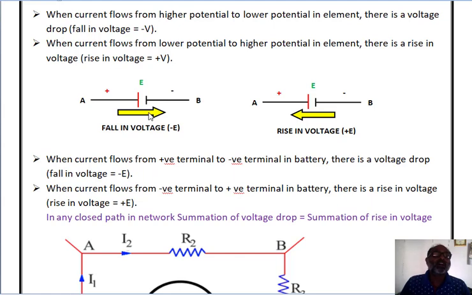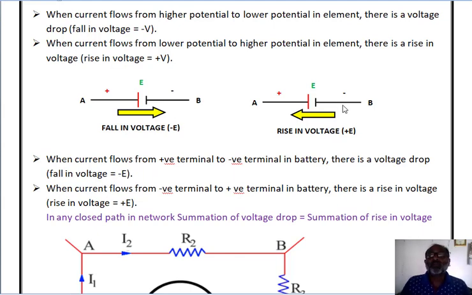already we have seen the currents may flow from higher potential to lower potential, or lower potential to higher potential. So now when the current flows from positive terminal to negative terminal of the battery, there is a voltage drop, and it is taken as a minus value.